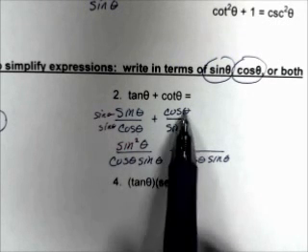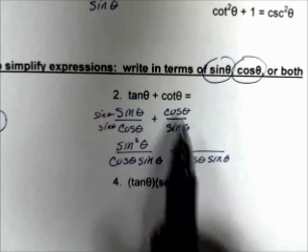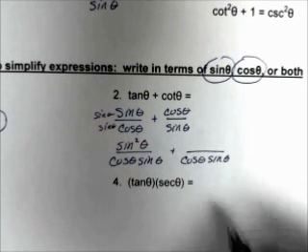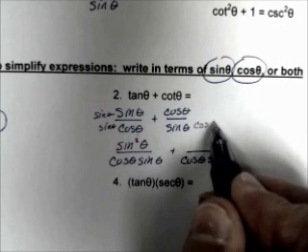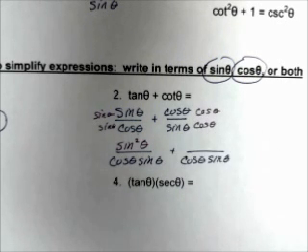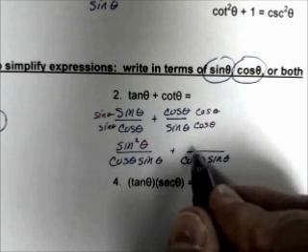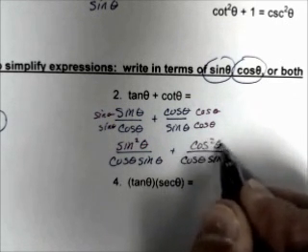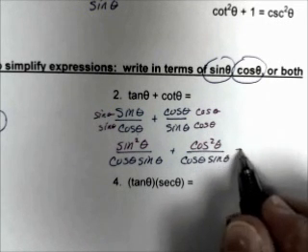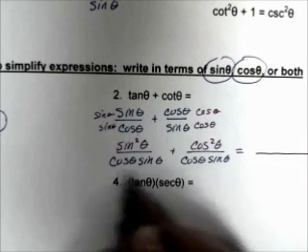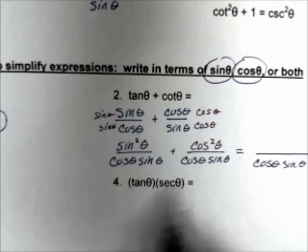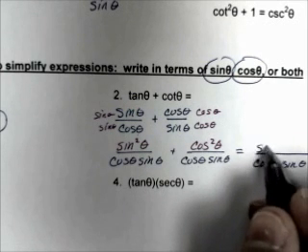And to take cosine theta over sine theta and write it as an equivalent fraction with a denominator of cosine theta sine theta, we need to multiply by cosine theta. So cosine theta times cosine theta is cosine squared theta. Same denominator, copy it. Sine squared theta plus cosine squared theta.